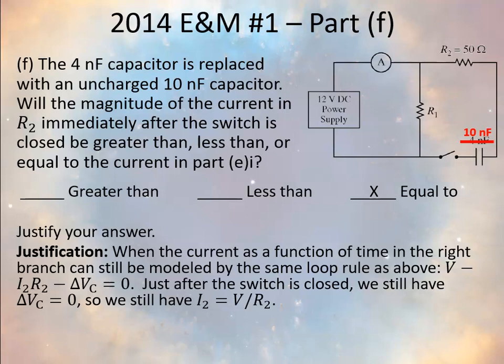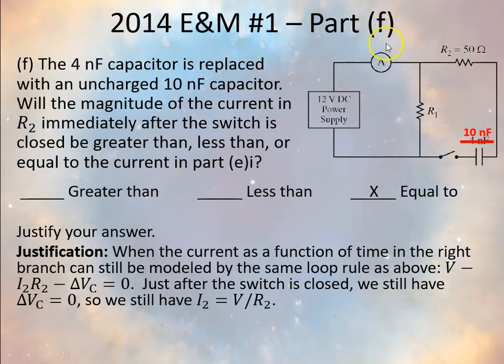So that is the end of our solution for problem number 1 on the 2014 AP Physics C, E&M exam. Now, some things that the chief reader mentioned in the student performance question and answer for this problem. In terms of the intent of the question, this question involved an experiment where voltage was varied and current was measured. In addition to assessing data analysis, the question was intended to assess student understanding of RC circuits, especially the loop rule.